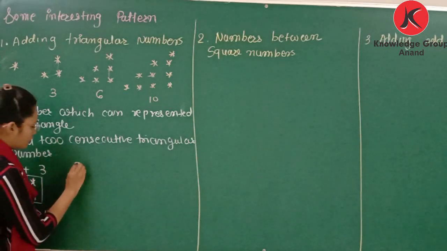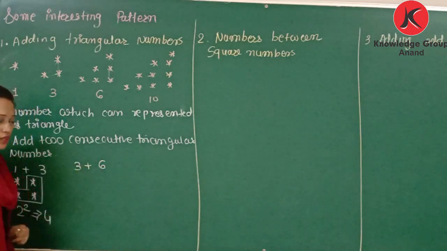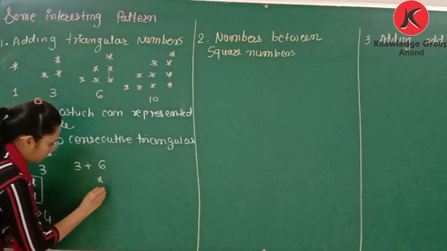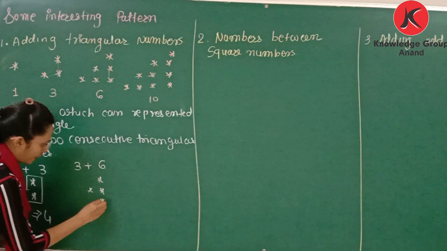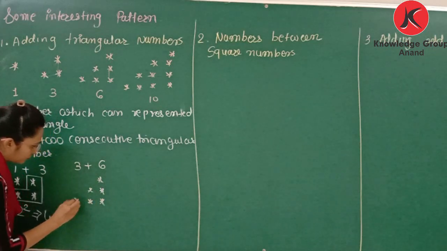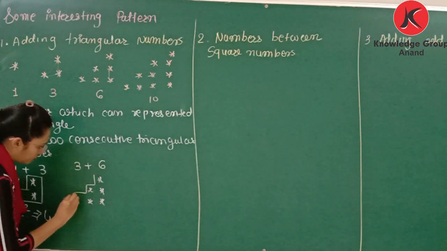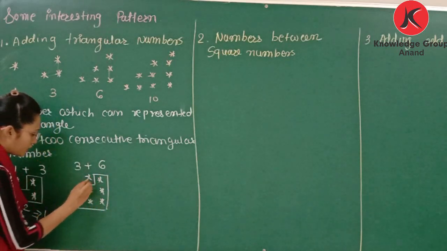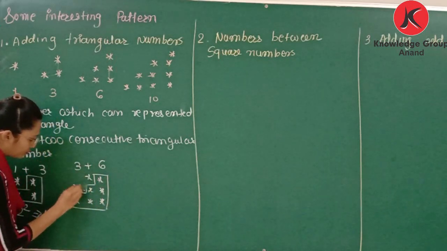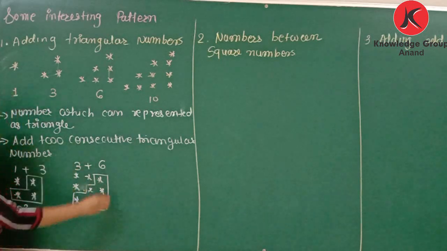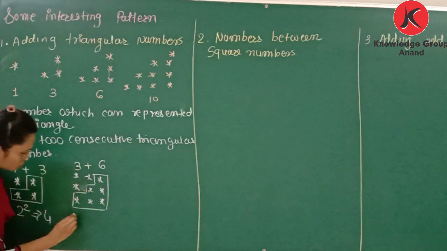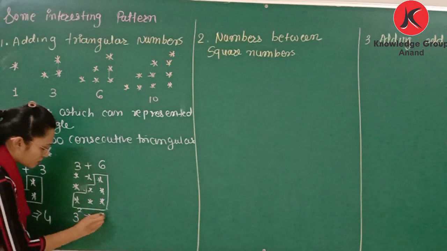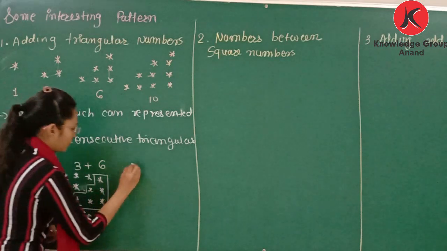If we add 3 plus 6, so this is the pattern for 6. If we add 3 into that, so you will get 9. So it is 3 square, that is 9.